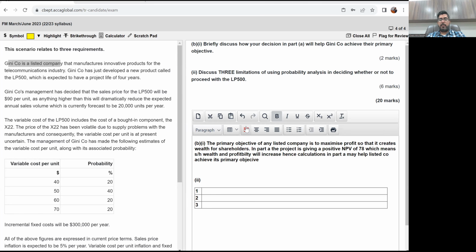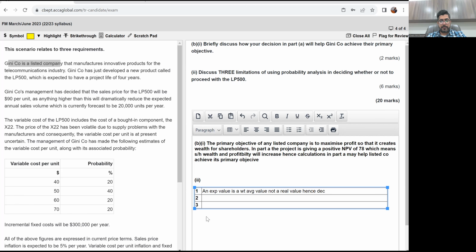And lastly, three limitations of using probability analysis. So there are problems and disadvantages of sensitivity and probability. From the book reading classes, we have discussed them as well. We can write that probability analysis limitations: an expected value is a weighted average value, not a real value.